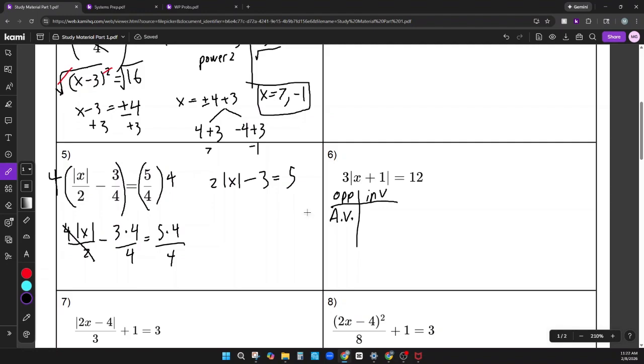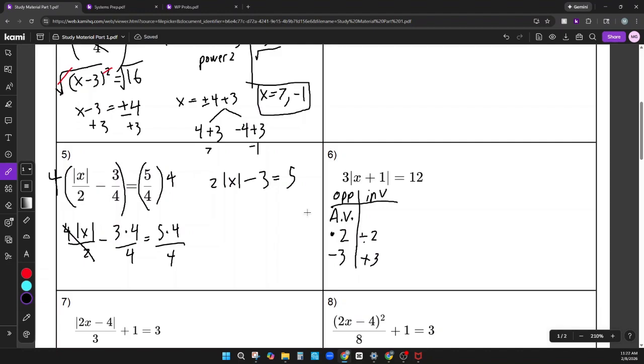Nextly, I see that 2 is attached to my absolute value. Generally speaking, when a number is next to something in math, it means multiplication. In this case, I'm doing times 2 and minus 3. In order to reverse this, I must do plus 3, divide by 2.